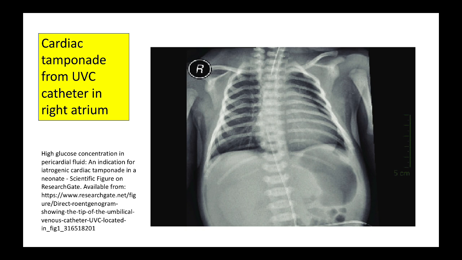What about this line placement? Well, if you just count the vertebrae, then this looks like the catheter is at T8 or T9, which should be okay. But obviously, this catheter is well within the border of the heart. And if a catheter is pushed up against the inside wall of the heart, then the fluids or TPN or whatever can seep into the pericardial space just by osmosis.